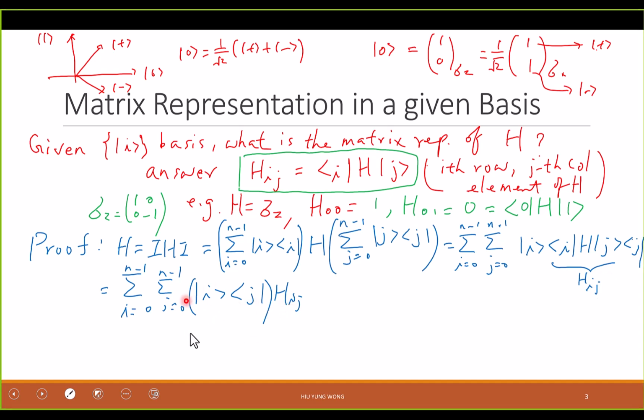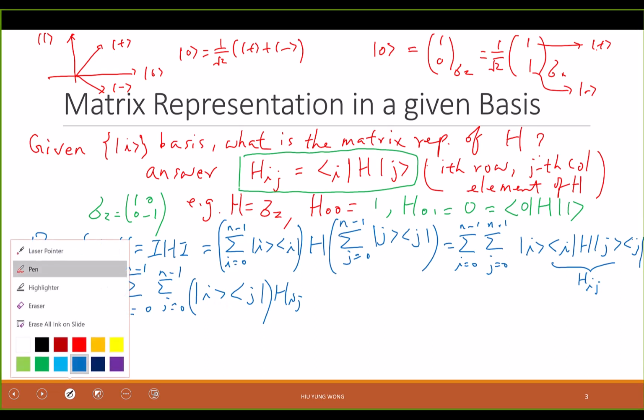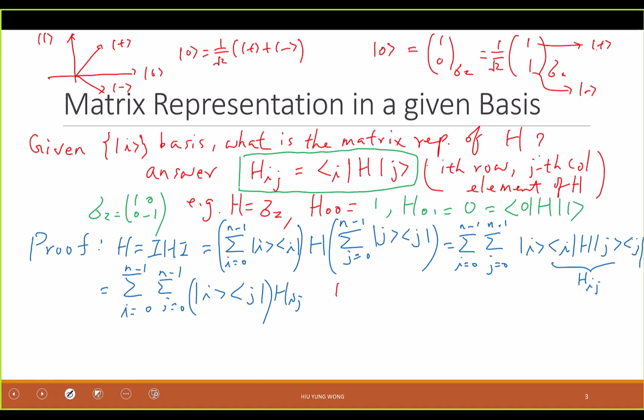Now what is this? Matrix, right? Because this is a vector, a ket, times the bra, so it's the outer product. Now think about what is |i><j|. Write it in the column form.